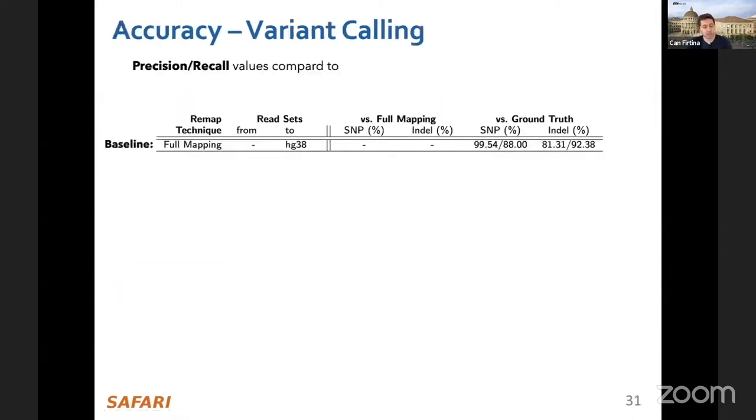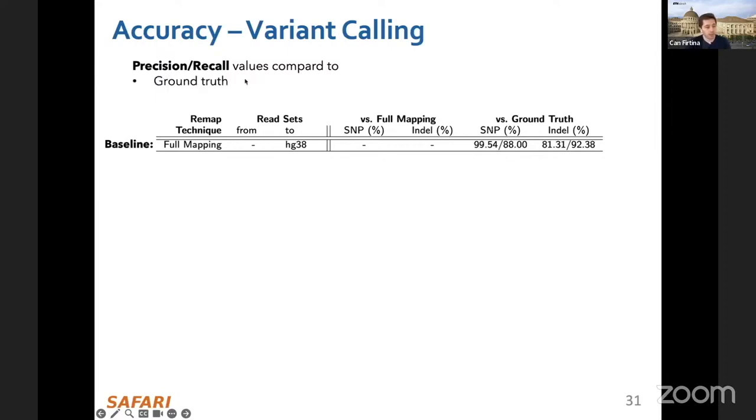So then let's look at the read mapping accuracy results after we perform variant calling from these read mappings. So we report precision and recall values over here. So the leftmost value would be the precision, and the rightmost would be the recall value.